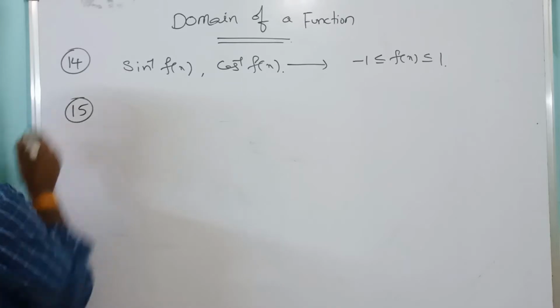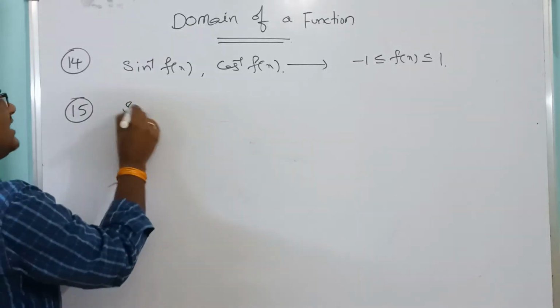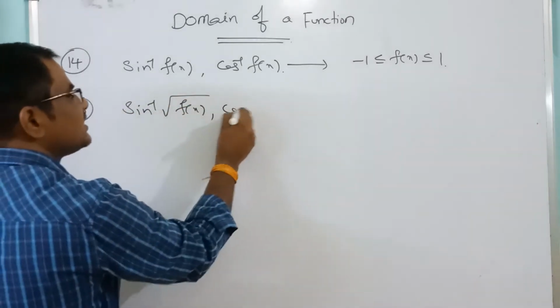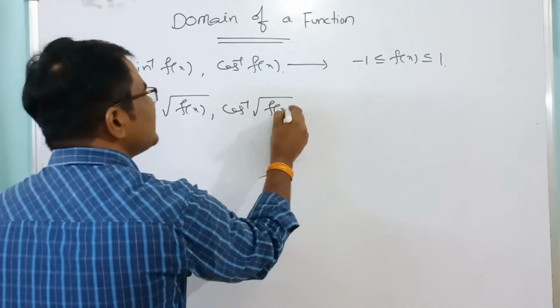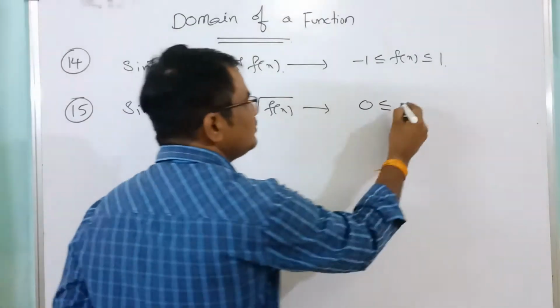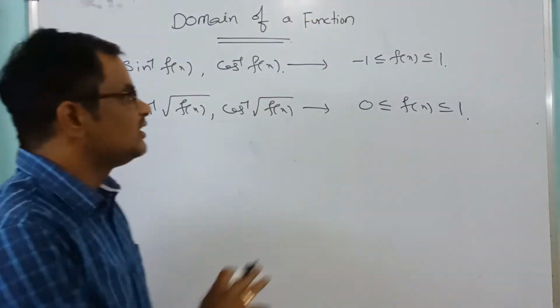Next, the 15th one. Suppose sin inverse of root of f of x and cos inverse of root of f of x. When do these exist? 0 is less than or equal to f of x, which is less than or equal to 1, because a negative value under the root does not exist.